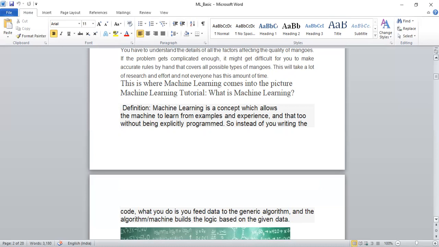Okay, so the machine itself builds the logic. You don't need to write any code related to the logical part. Understood? So you have to do one thing, that is, feed the data to the generic algorithm, and the algorithm or machine itself builds the logic based on the given data.